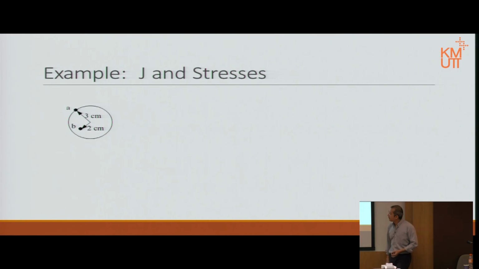Although we look at the 2 points on the cross-section area, J is similar to I, calculated from the total cross-section area. It doesn't matter which point you're looking at. When we prove J, it integrates the total area all the time. Therefore, we just calculate it as the total cross-section area, meaning using 3 centimeters.